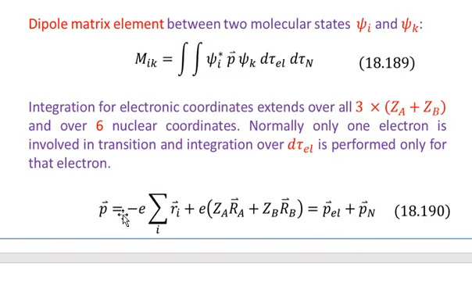The first part corresponds to Pel, the electric transition dipole for the electrons, and this part corresponds to the electric dipole transition of the nucleons. So I have separately written it as Pel plus Pn.